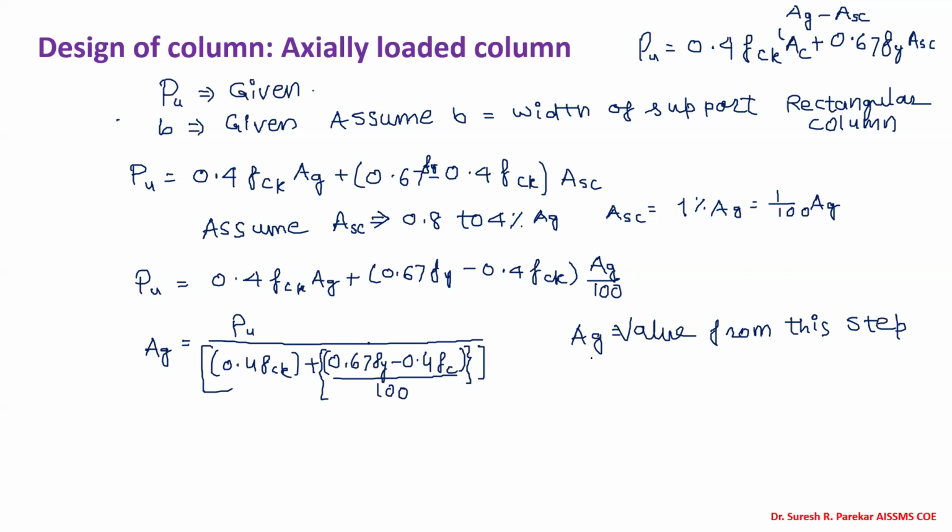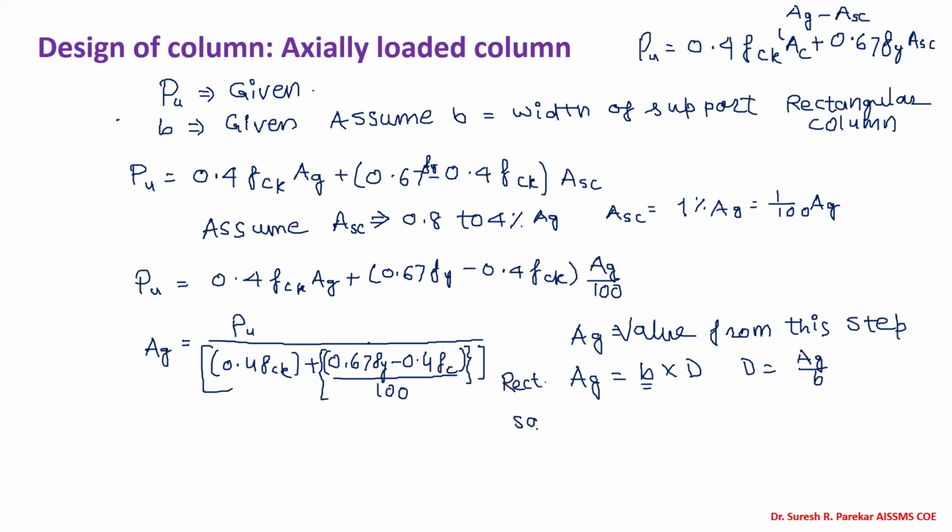Knowing the value of Ag, we can find the value of D, because we know B, so Ag equal to B into D. Now B we know, then we can get D equal to Ag upon B. If we have a square column, then B is not there; this is for rectangular column.